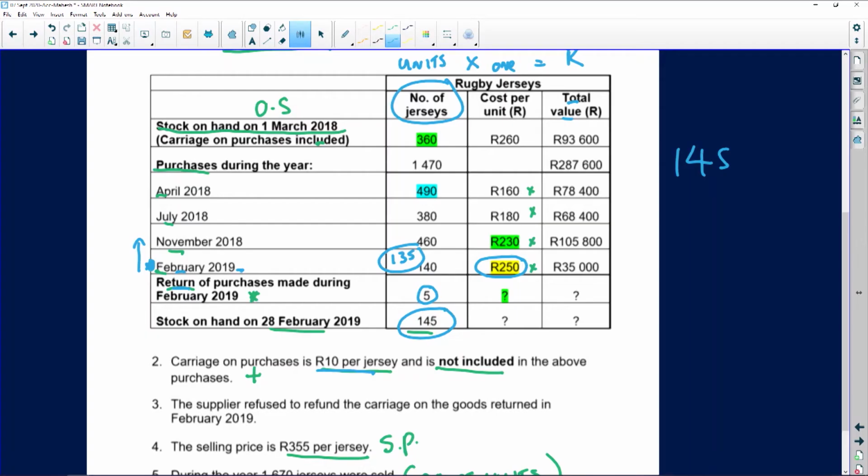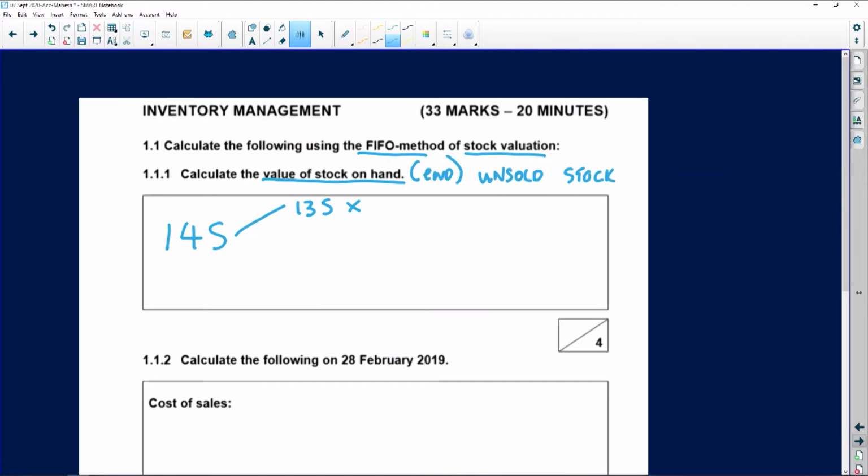That was our transport cost. So the cost of the jerseys is now going to increase by 10 Rand. So 250 plus the additional 10 Rand. Let's fill that in. Watch how I'm showing my calculation: 250 plus 10, or you can say times by 260.